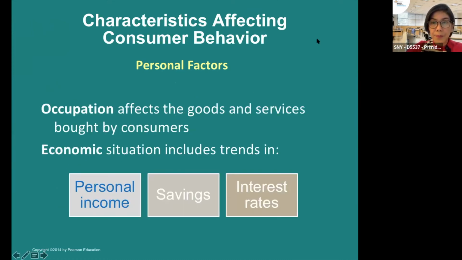All right. Other than age and life cycle, occupation, of course, also affects the goods and services we buy. Economic situation, of course, also. With the economic situation, your personal income will define what you want to buy.